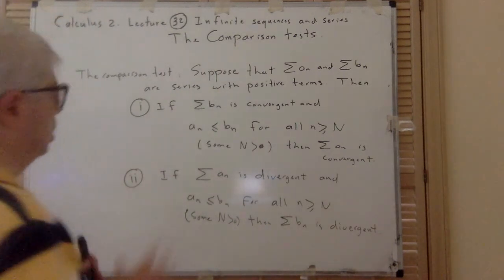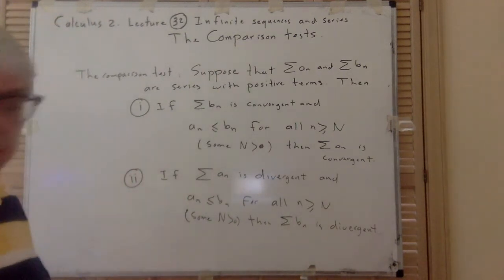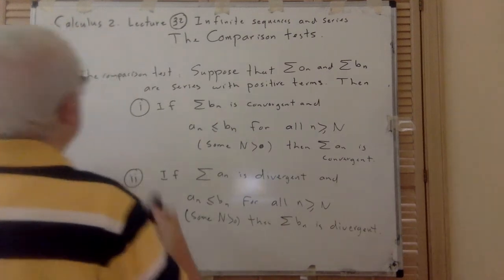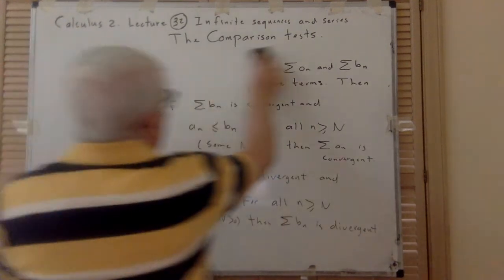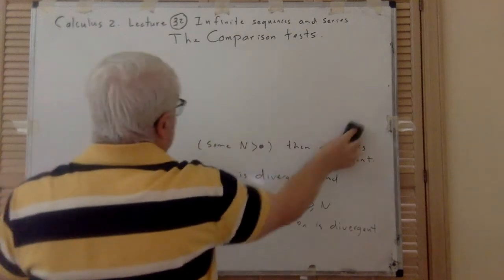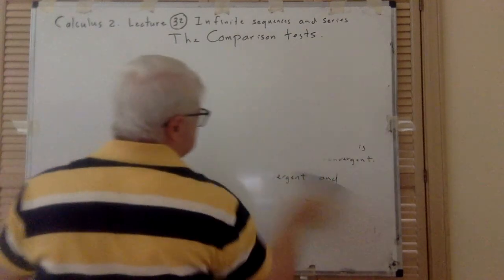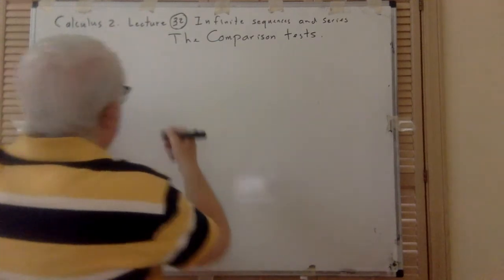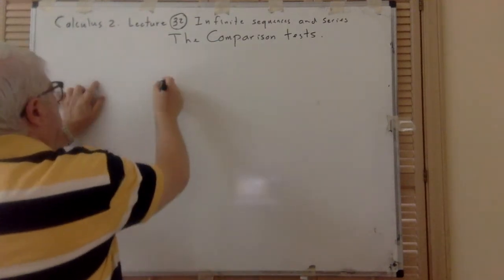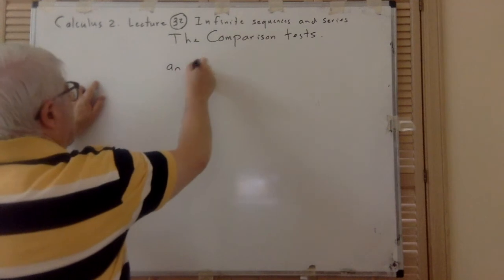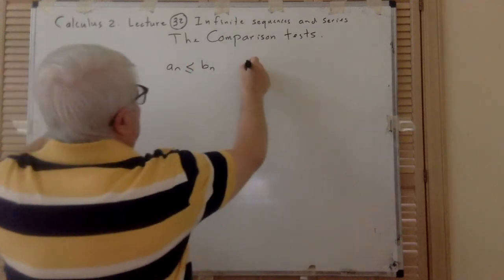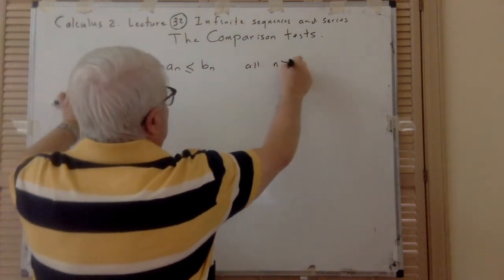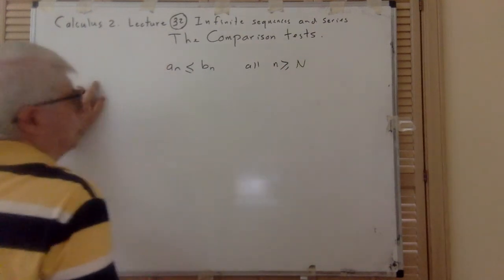So let me write this down in a different format. Suppose this happens: a_n is less than or equal to b_n for all n bigger than or equal to N. Now let's assume that this N is also an integer.